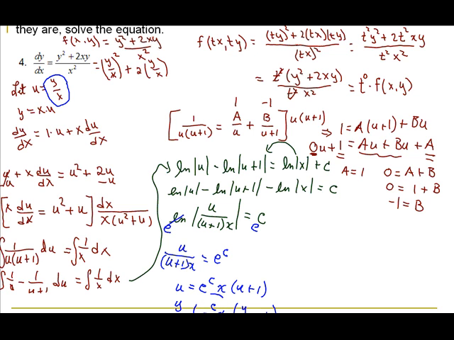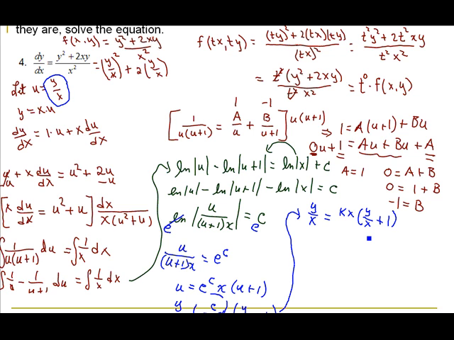I'm going to make a replacement for this e to the c power. I'm going to let k equal e to the c, so that this becomes y over x equals kx times y over x plus 1.